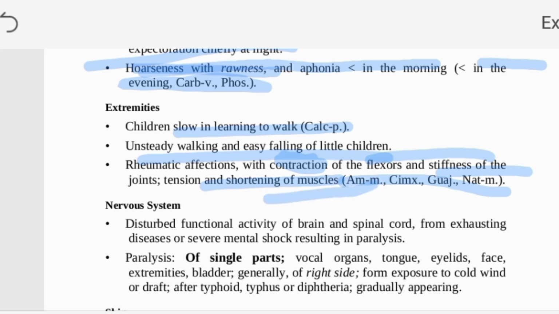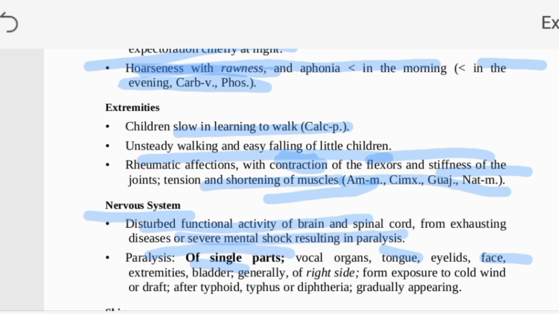It is mainly given in paralysis of a single part, like tongue paralysis, bladder paralysis, face paralysis. Mainly paralysis occurs due to disturbed functional activity of the brain and spinal cord, when there is a severe mental shock resulting in paralysis.